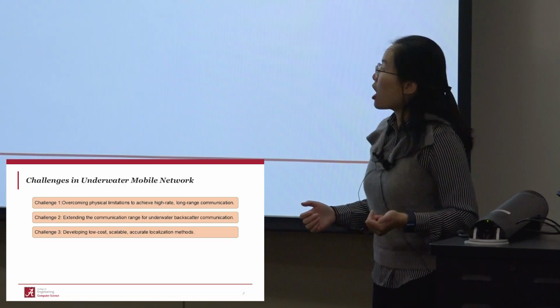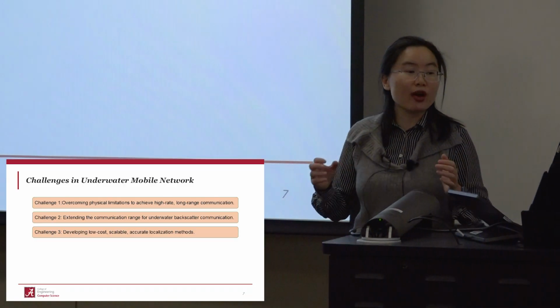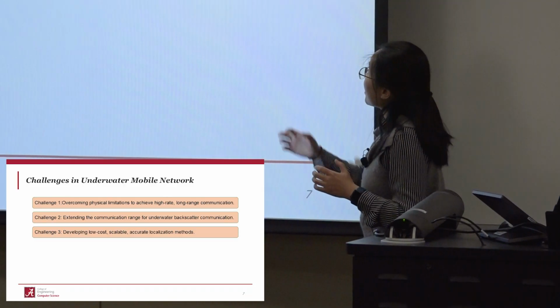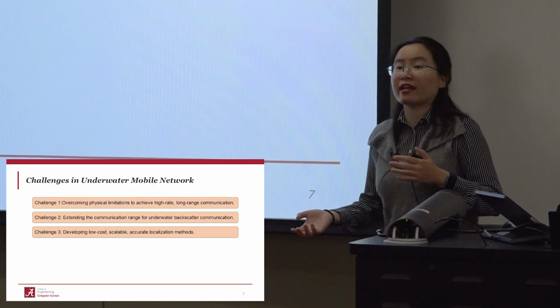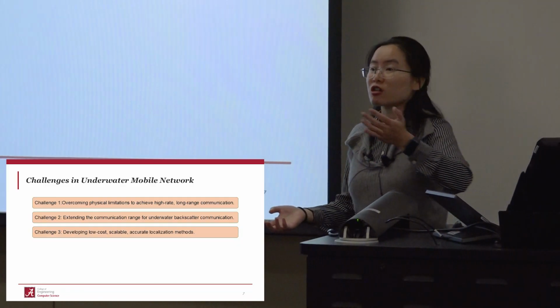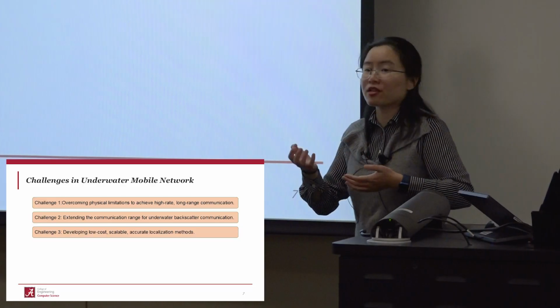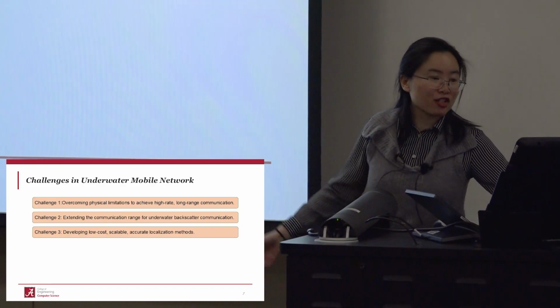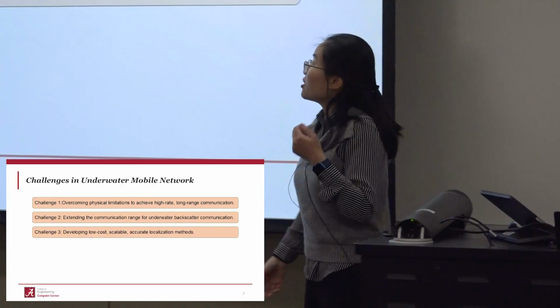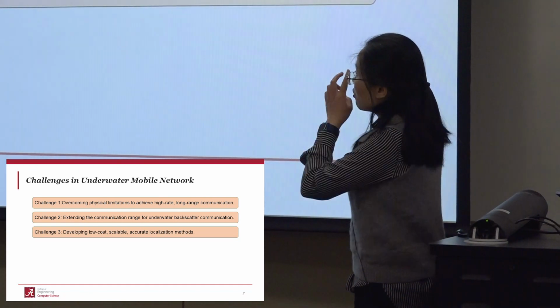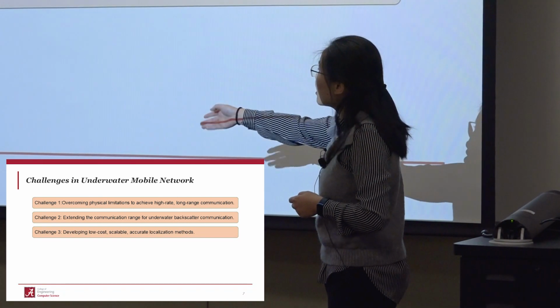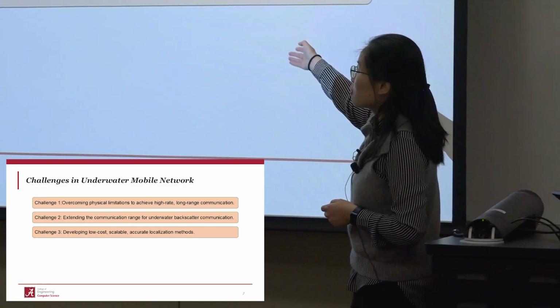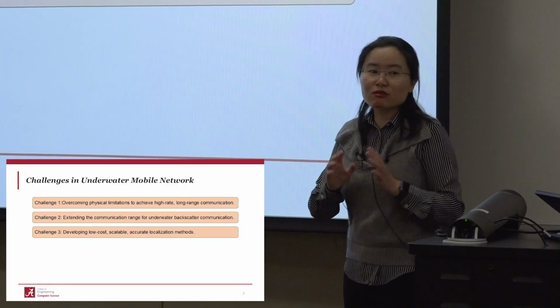Challenge two: how can we extend the communication range for underwater backscatter communication, so that we can enable AUVs to autonomously collect data from sensors in an energy efficient way? And third challenge: how to develop a low cost, scalable, and accurate localization method.